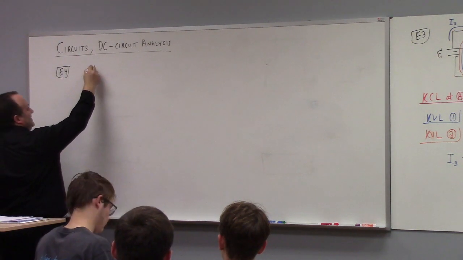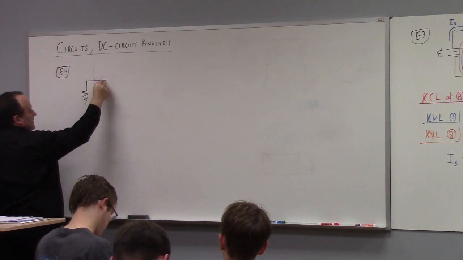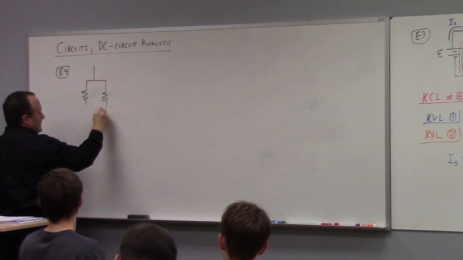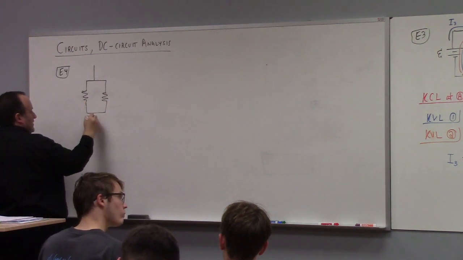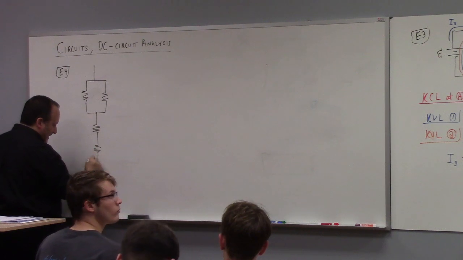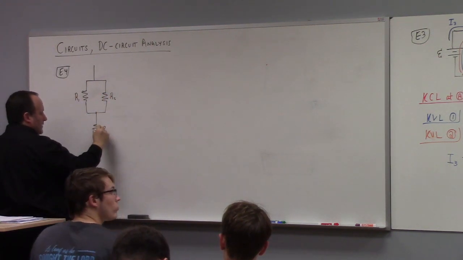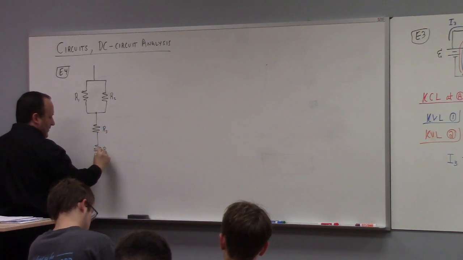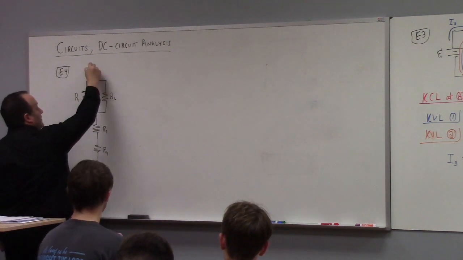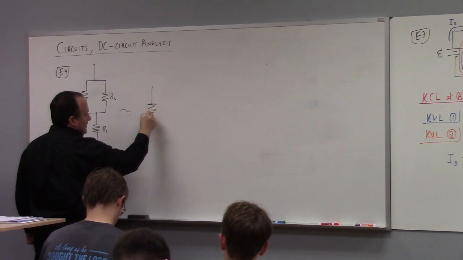So suppose you've got this system of resistances. And we'll say R1, R2, R3, R4, all right? So this would be the same as what equivalent resistance?